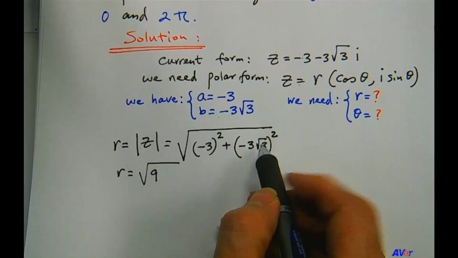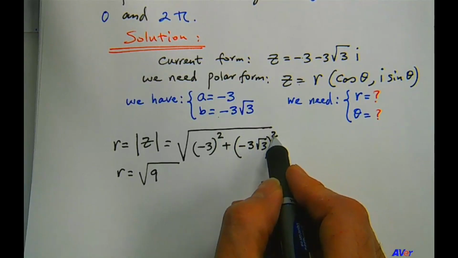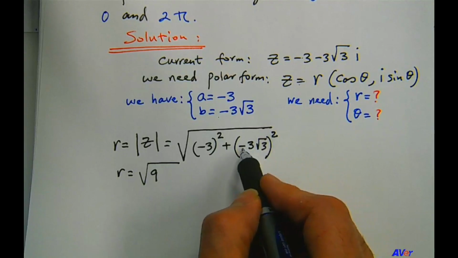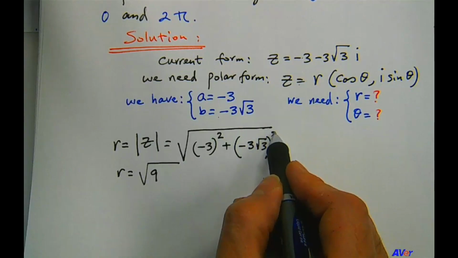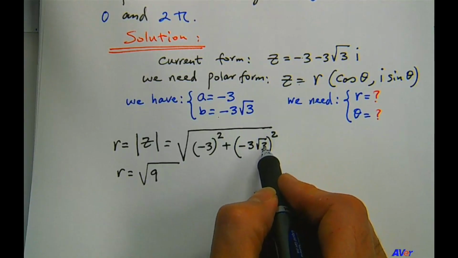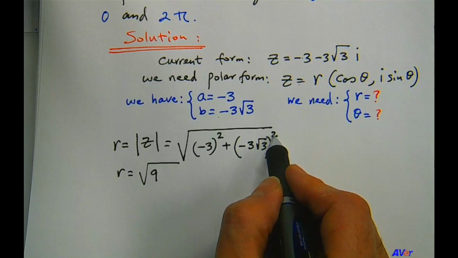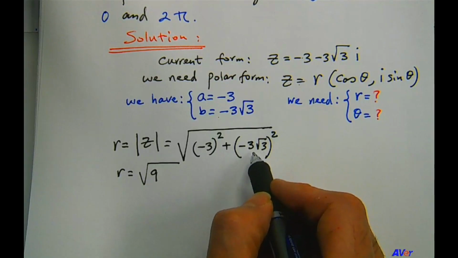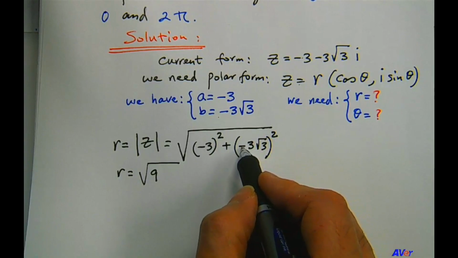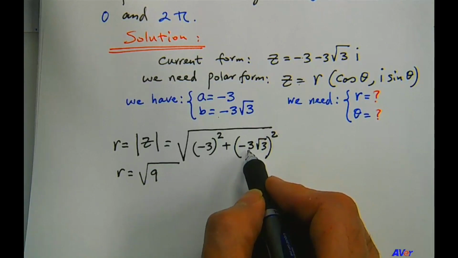Now we have to be careful here. Minus is being raised to an even power, so it cancels out, so it becomes positive. 3 squared is 9. The square root of 3 squared is 3, because the square cancels the square root. Once again we have positive, not negative, after we distribute this power.